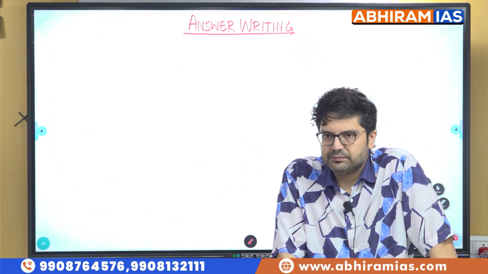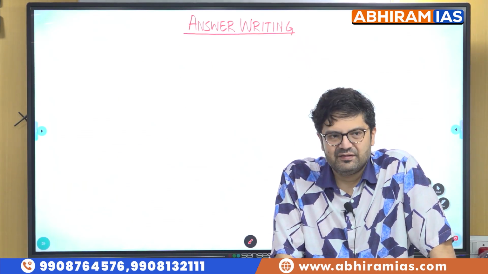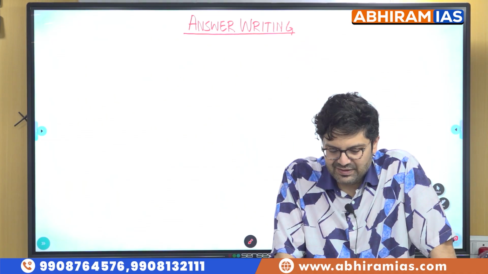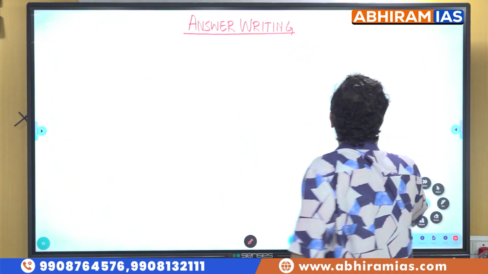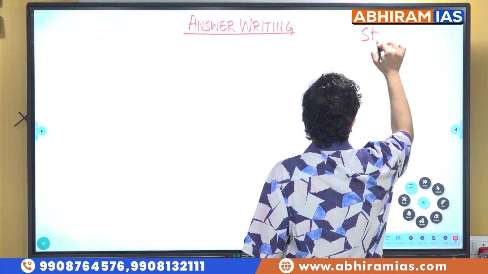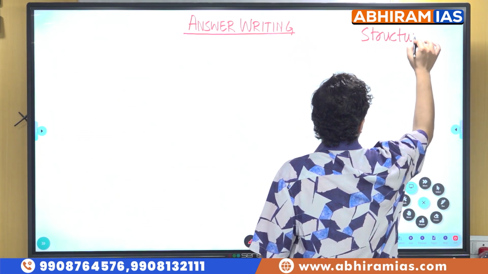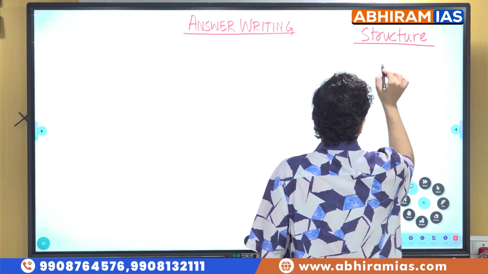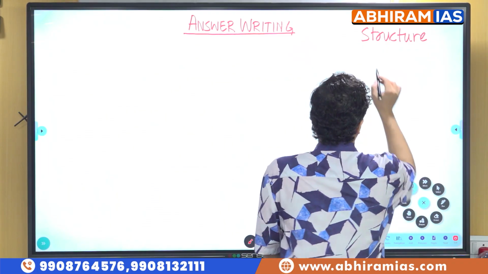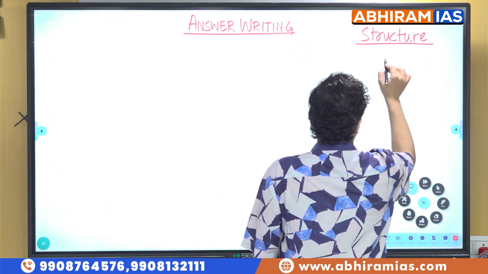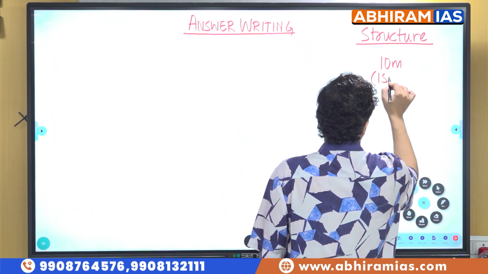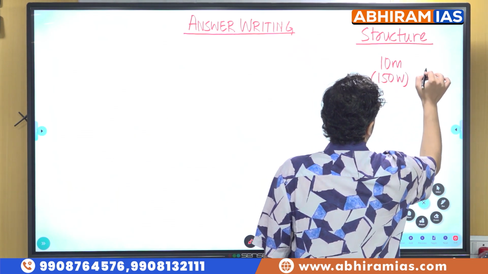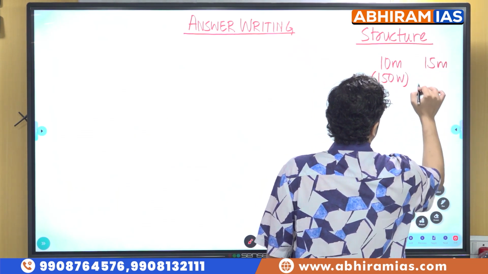Anyway, there are two types of questions asked in the UPSC Mains exam, 10-mark questions and 15-mark questions. Firstly, let me write the structure on one side. 10 marks means 150 words and 15 marks means 250 words.